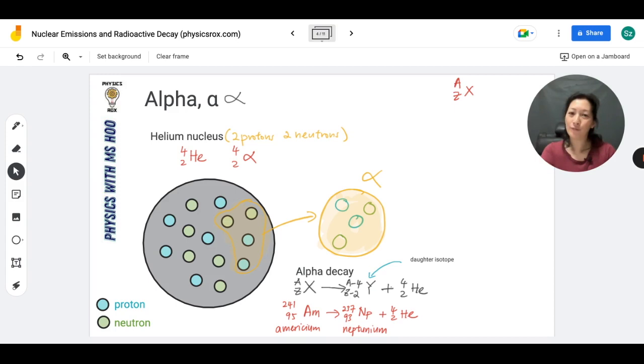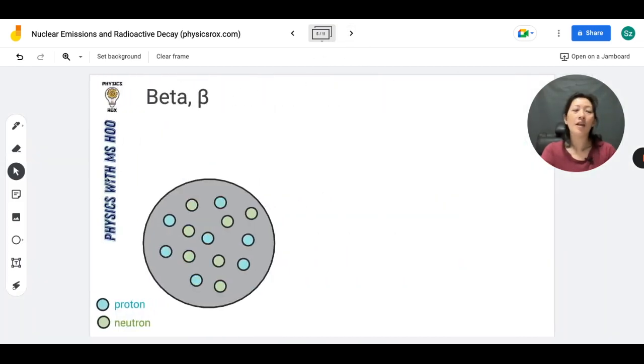Let's move on now to beta. So beta, on the other hand, is actually the same as an electron. In fact, we typically write it as a high-speed electron. Let me make this a little bit larger so that you can see.